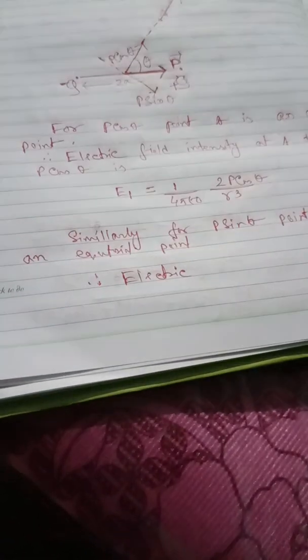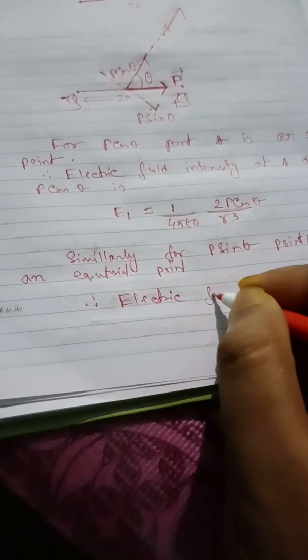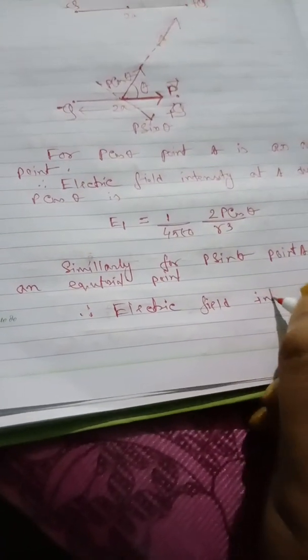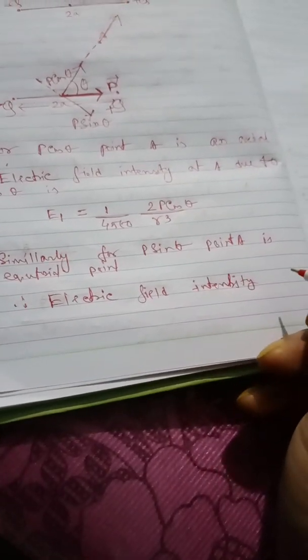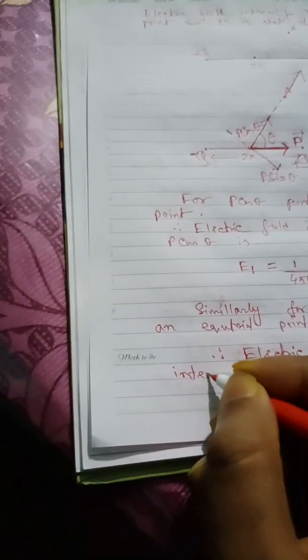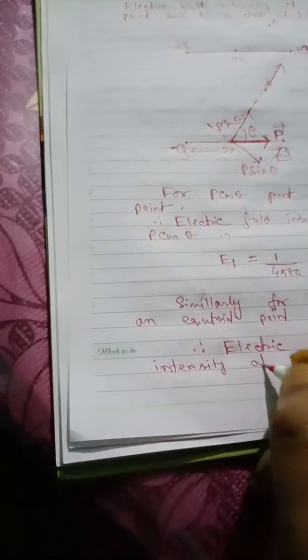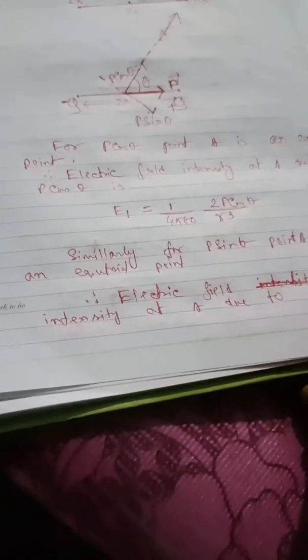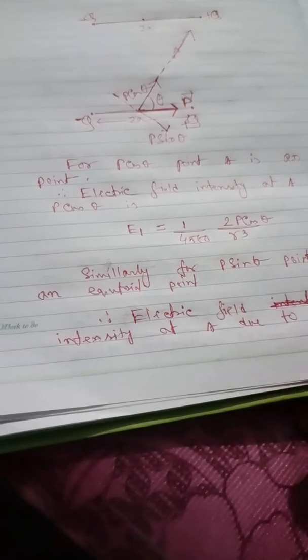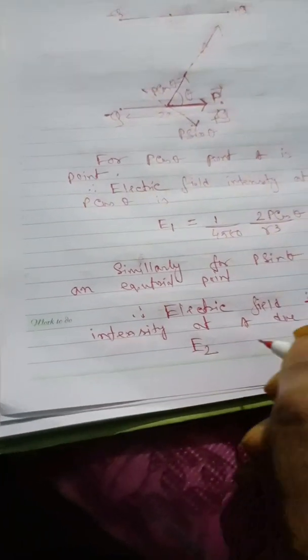Therefore, the electric field intensity at A due to P sin theta, suppose we take E2.